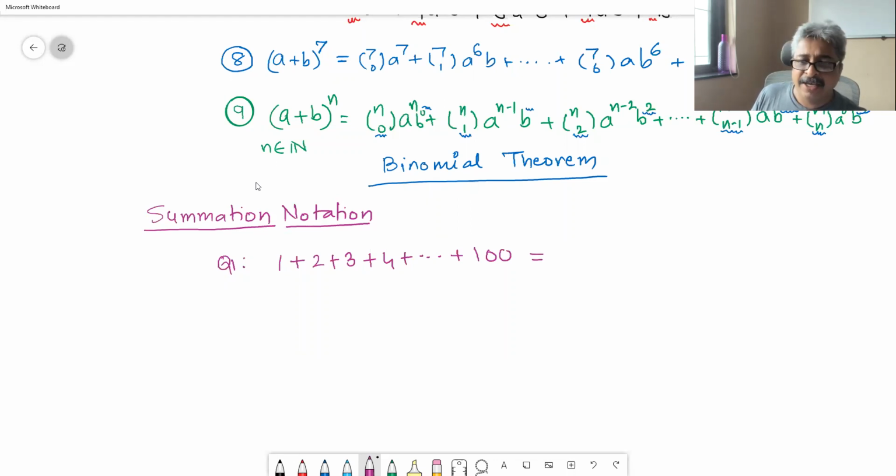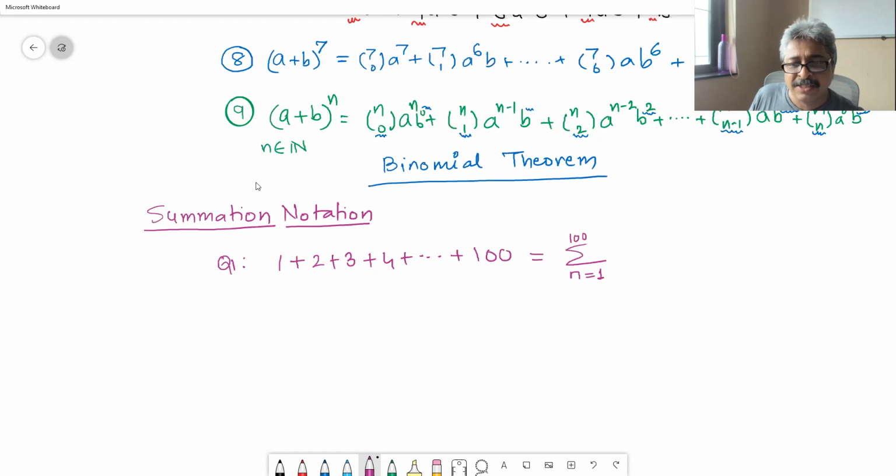Therefore, I say sigma, which means add all the natural numbers, n goes from 1 to 100. This is called the summation index.